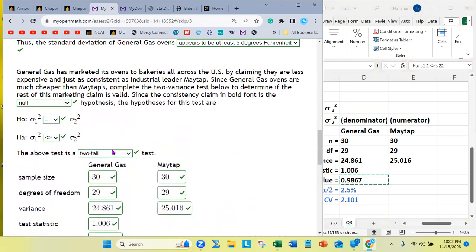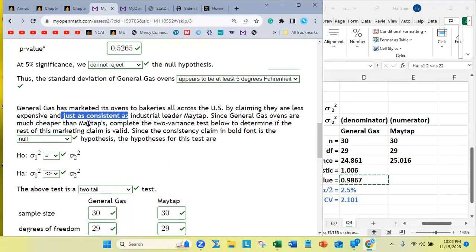So we are okay with making the first claim, as long as we know that our prices are less than Maytag's. We know that to be true, and we don't have to test that because our list prices are lower than their list prices. But we made this statement here, just as consistent, meaning our variance equals their variance.